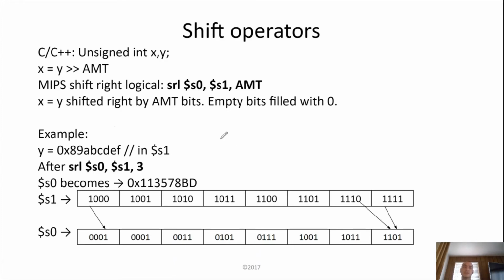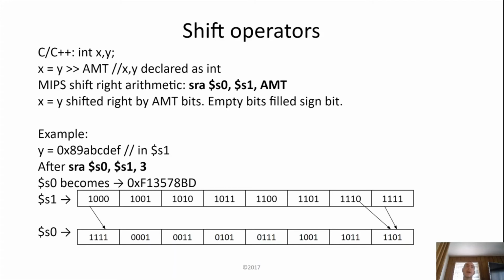Everything is going to the right, and this one is coming into this position. So everything is moving 3 to the right. And on the left, the 3 new spaces that you're gonna have are filled with 0. So that's the shift right logical.